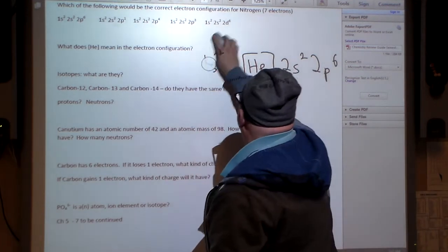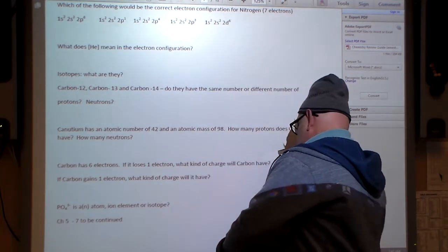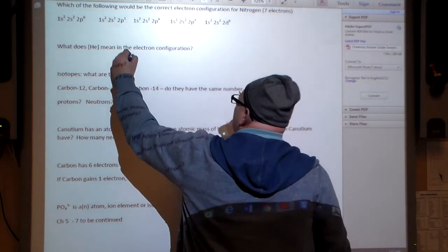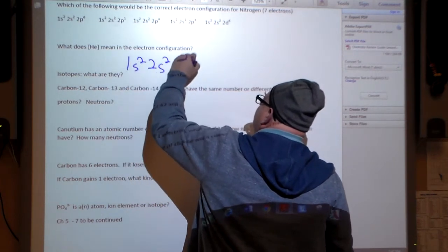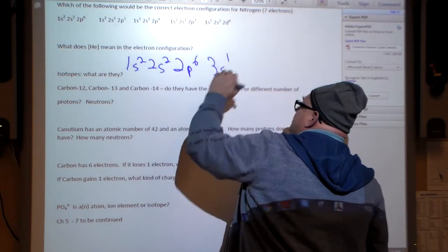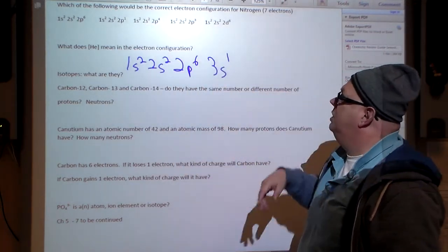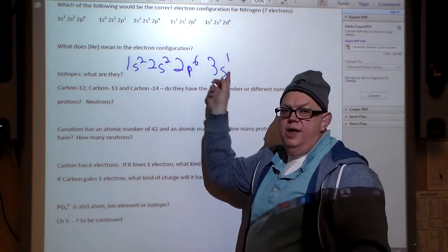But when you're looking at something like neon, okay? 1s2, 2s2, 2p6, okay, 3s1. So I have 11 electrons there, 2 plus 2 plus 6 plus 1. That's 11. That gives it to me for sodium. This is the long way of doing it.